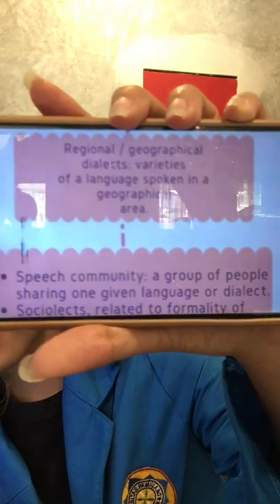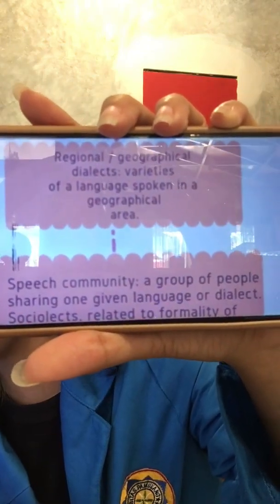The first, there is regional or geographical dialects. It is varieties of a language spoken in a geographical area. And geographical dialects is divided into some parts.